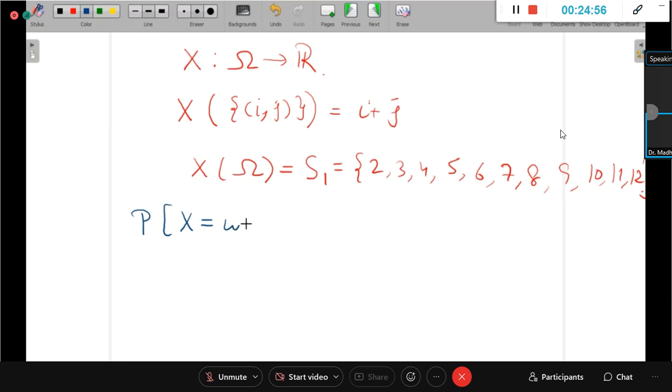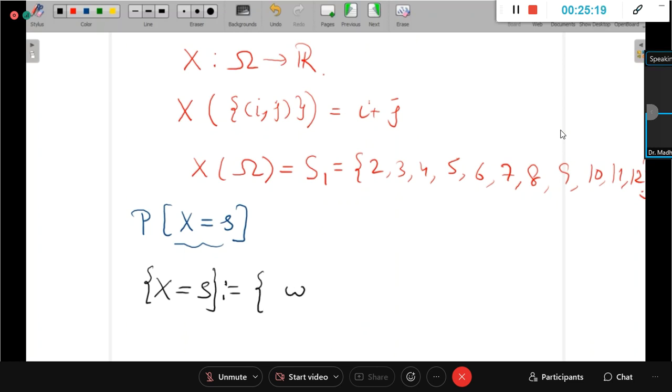I want to assign the probability of X equals to s. Let me make you understand the meaning of X equals to s.